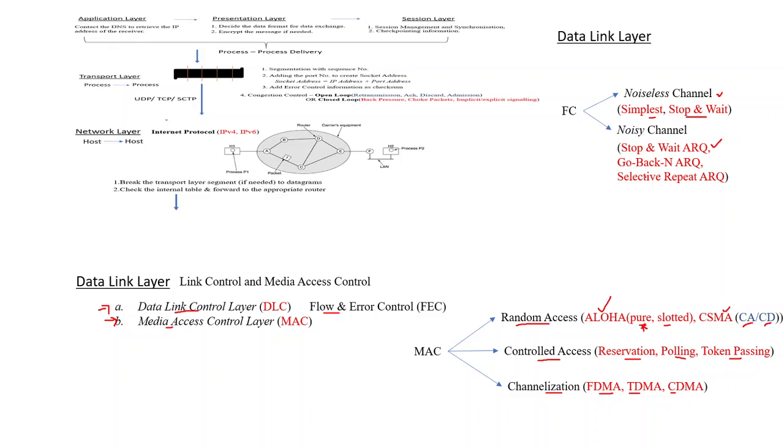Next we have go back N ARQ. Now the main problem with stop and wait was inefficient utilization of bandwidth. So in order to address that problem came go back N ARQ, where instead of sending one message at a time, it will be sending more than one message. So say 4, 5, 6, 7 messages consecutively, and wait for acknowledgements.